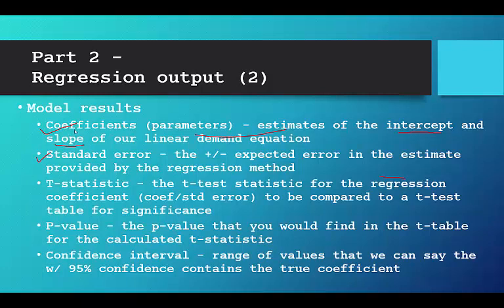So every time you estimate a coefficient in a regression model, you have a point estimate, or sort of the average effect, and then you have a standard error that goes with it. It tells you how much error is built into that estimate. So low standard error is good. Being low relative to the coefficient is good.